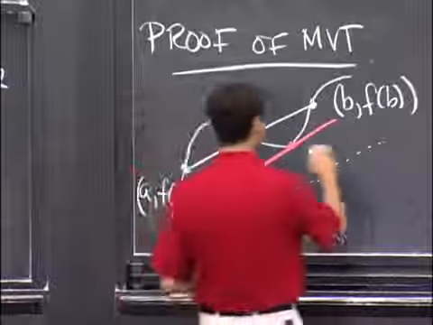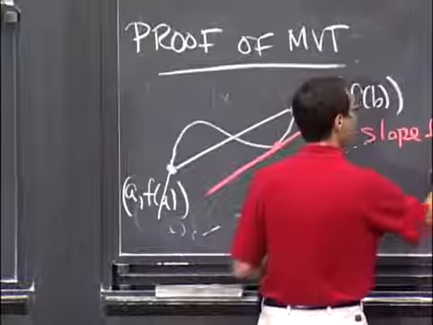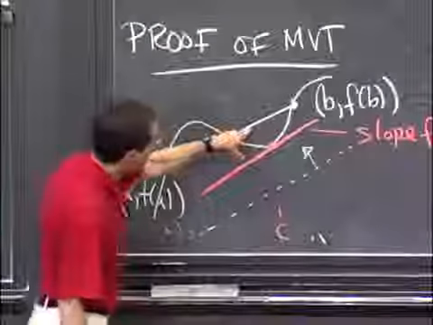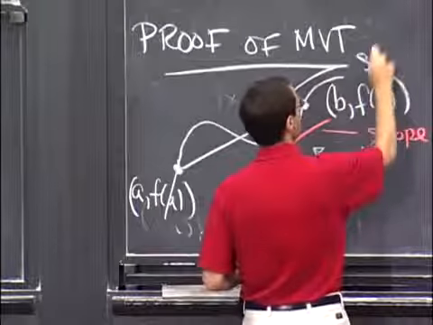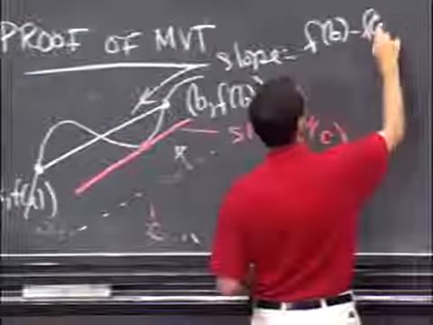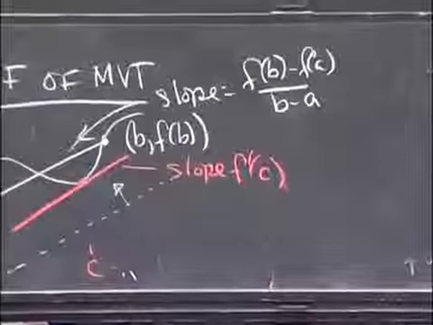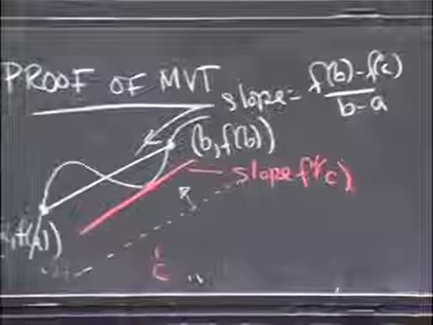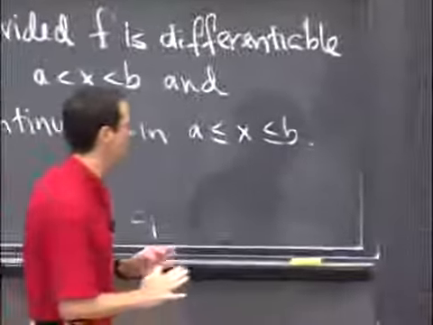So this thing has slope f prime of C, and this other one has slope equal to this complicated expression, f of B minus f of A divided by B minus A. That is almost the end of the proof.